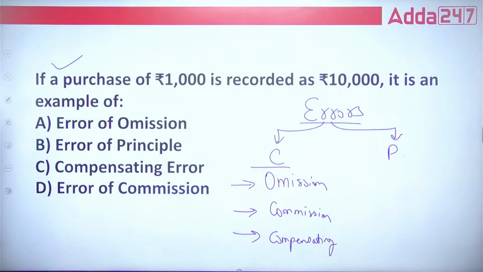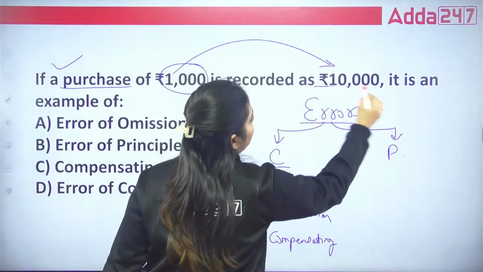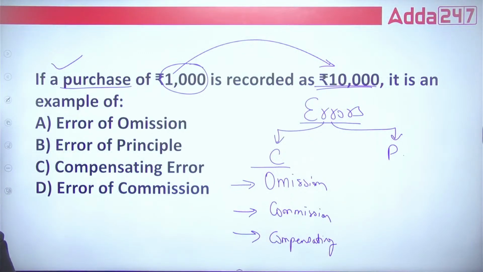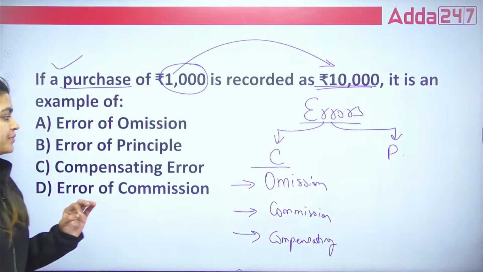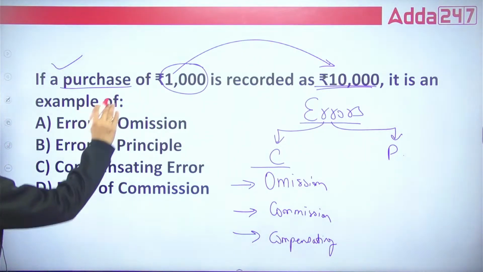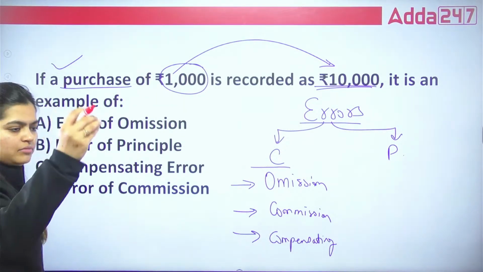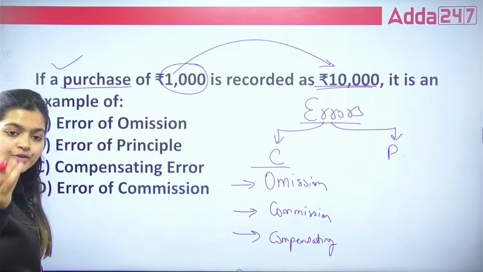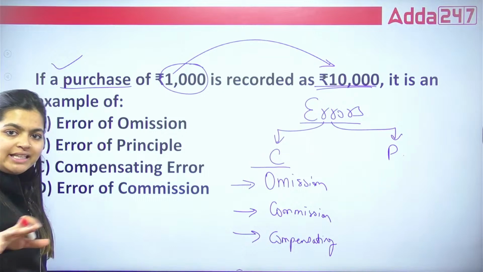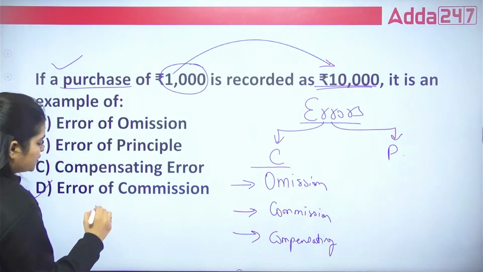So if you have purchased for 1,000, but there is an arithmetical error while recording, that is your error of commission. When you are writing a wrong amount, or writing the right amount on the wrong side, or doing a totaling error, if you are making these types of errors, that is your error of commission. So the correct answer is option D.